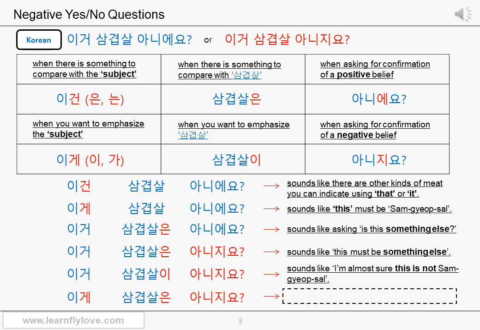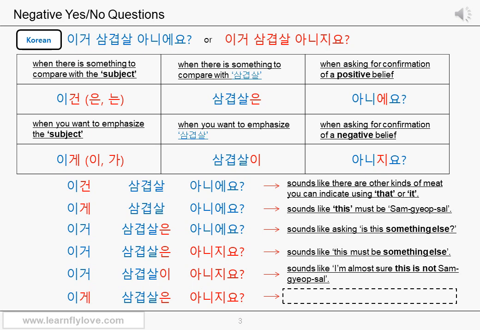Okay? There is no particle added to the complement 삼겹살. Therefore, no nuance is added to the complement 삼겹살. But we used the auxiliary particle to the subject, so it might give the subject a nuance of comparing. Again, it might give the nuance of comparing only to the subject.